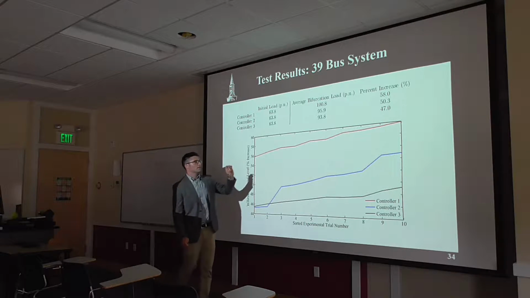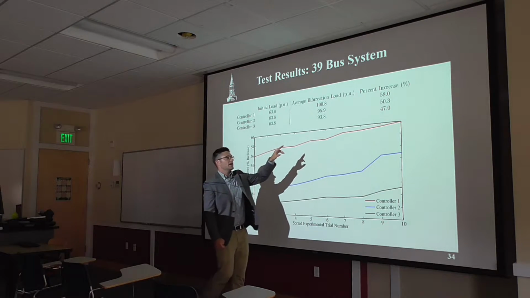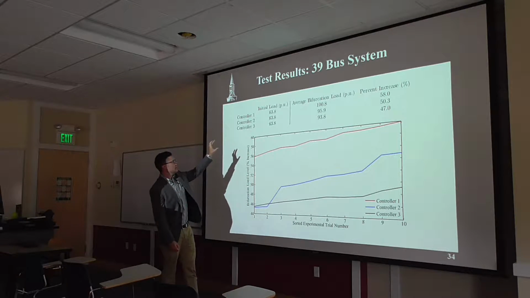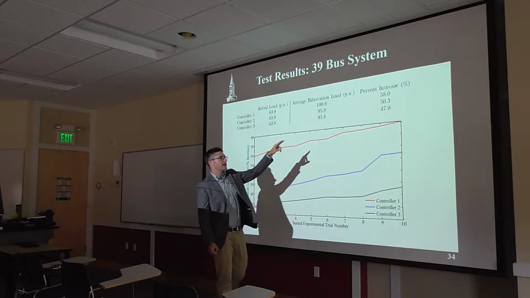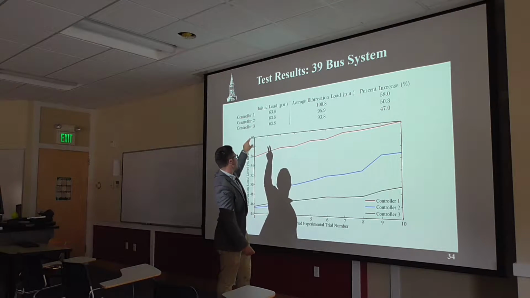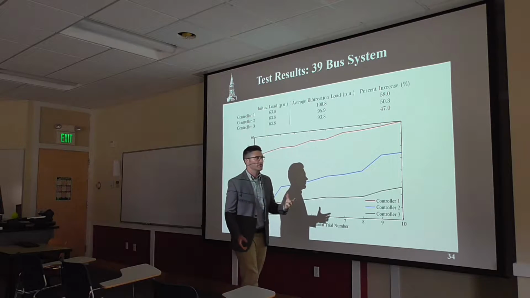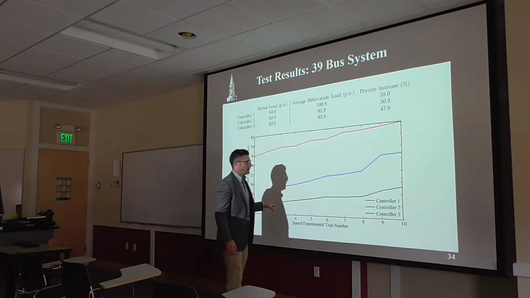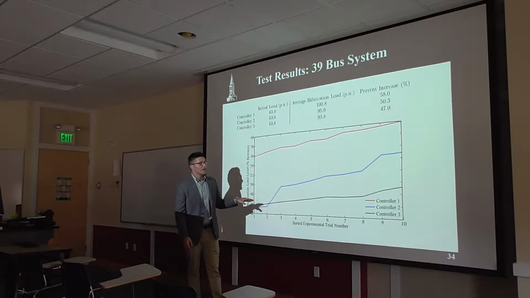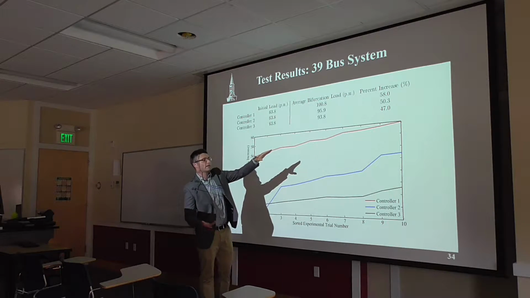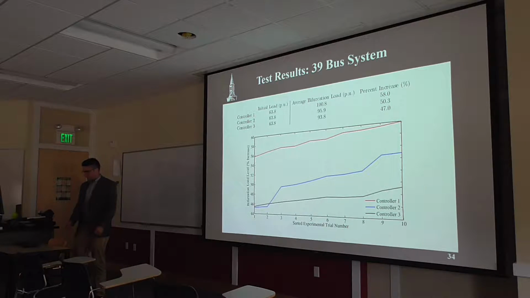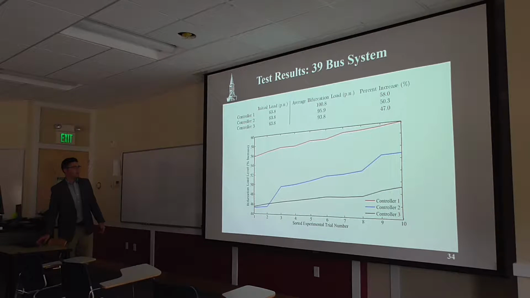Across the 10 trials, it is able to cause the aggregate apparent power load in the load pocket to increase by, on average, 58%, where controller 2, which is the mean-based controller, is only able to increase the load by about 50%, and the localized synchronous condenser controller only allows the load to increase by about 47%. So controller 1 is shown to outperform the other two fairly well in this set of tests.